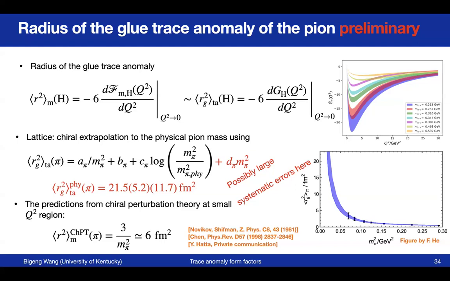The others are not exactly perturbation, it's some combination of various effects. Yeah, I think in Hatta's way he also applied the soft pion theorem. Okay, but for the pion here, because we do not have any data point at physical quark mass, such extrapolation may have large systematic error, which we are going to deal with in the future.